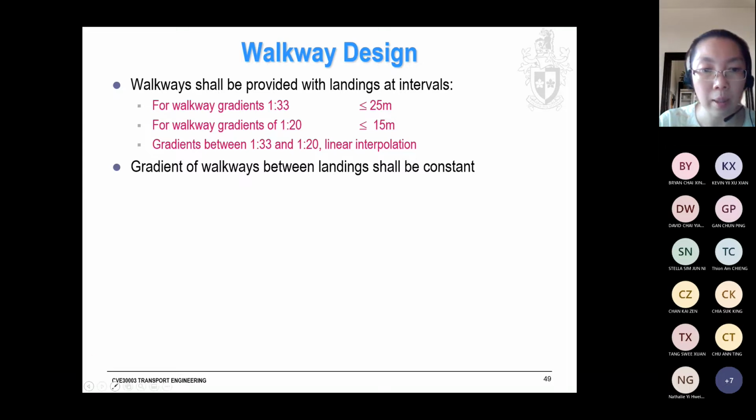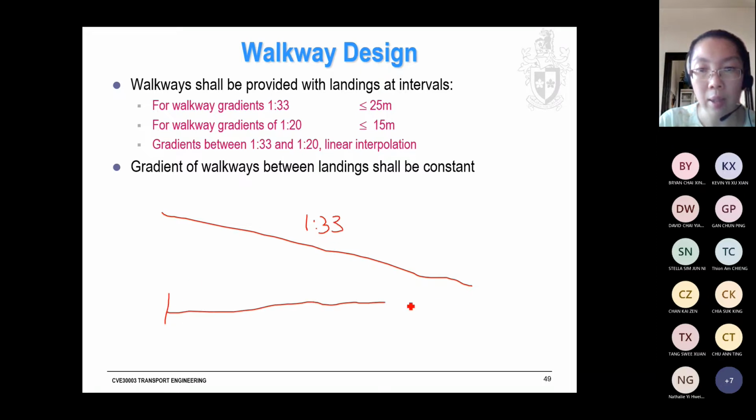What this means is, if you have a gradient of 1 in 33, this horizontal distance should be not more than 25 meter. If the gradient gets steeper, from 1 to 33 all the way to 1 to 20, then we are looking at a distance of not more than 15 meter.